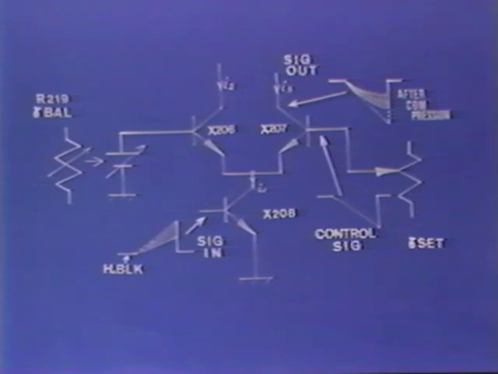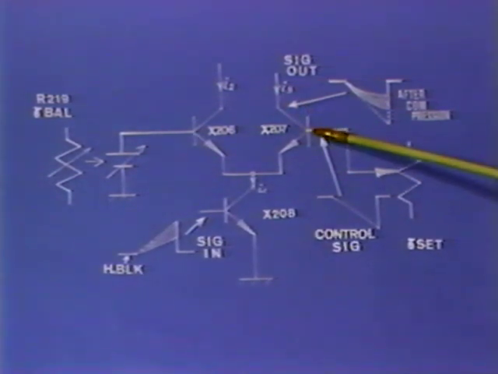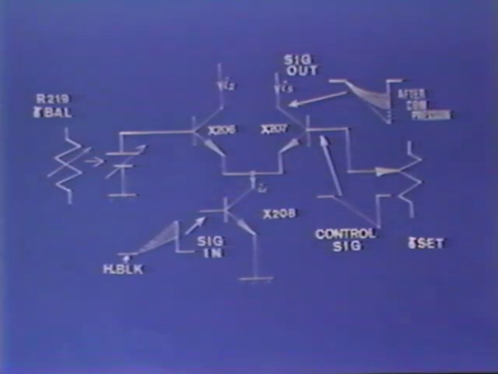The degree of compression depends on the magnitude of the peak compression control signal going back to X207. And the potentiometer to be adjusted here is called the gamma set potentiometer. In the real-life adjustment procedure, this gamma set potentiometer is used for the luminance signal gamma adjustment.